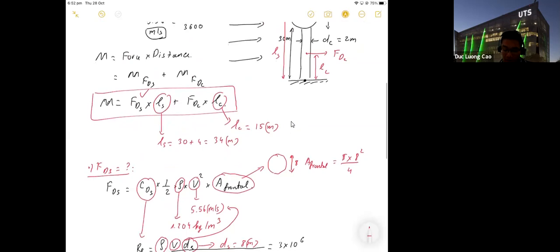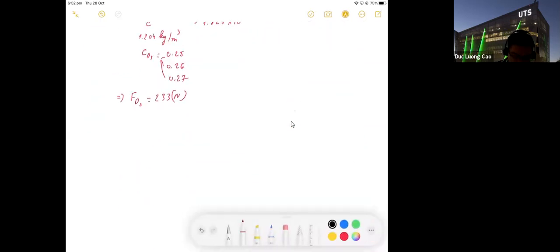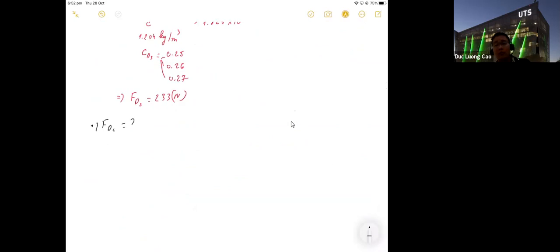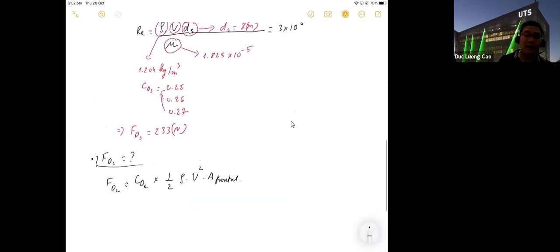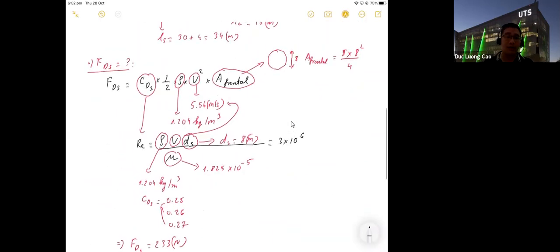Now FDC. FDC is the drag force applied to the cylinder. With the same equation, FDC equals CDC, the drag coefficient, times 1/2 rho V square times area, the frontal area, because this one is a cylinder, not a thin body. And this one is similar to the sphere.